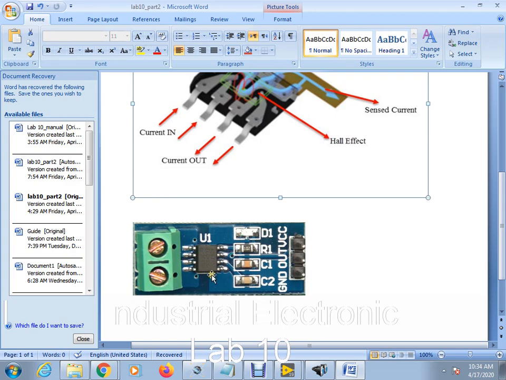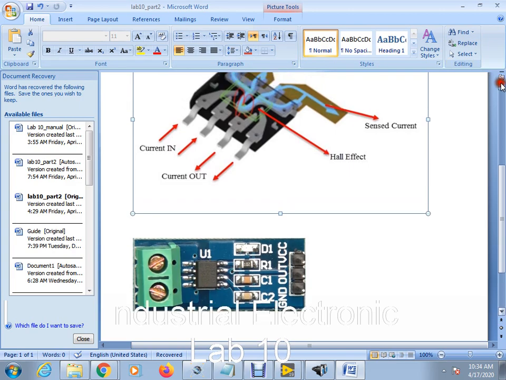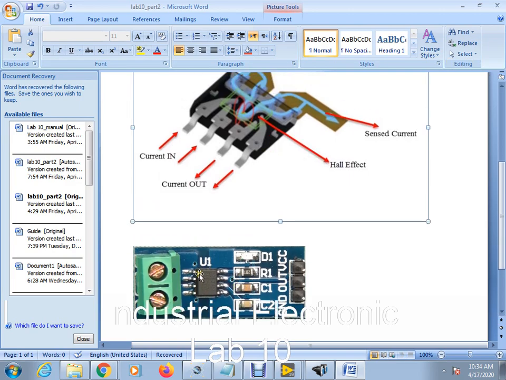Now this is connected to this IC. This IC internal structure is like this one. This is the internal IC terminal which is connecting to this Hall effect sensor.